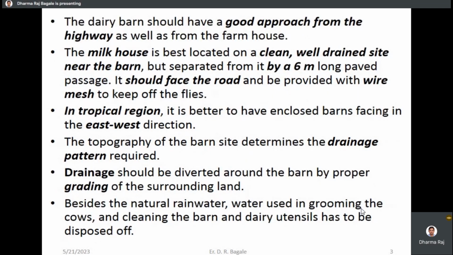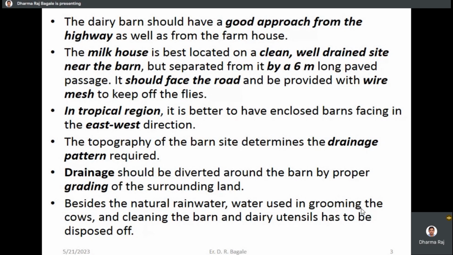The approach to the highway from the farmhouse gives a good advantage of connectivity, and the milk house should be located in a clean, well drained area near the barn, but separated by a 6-meter long paved passage.